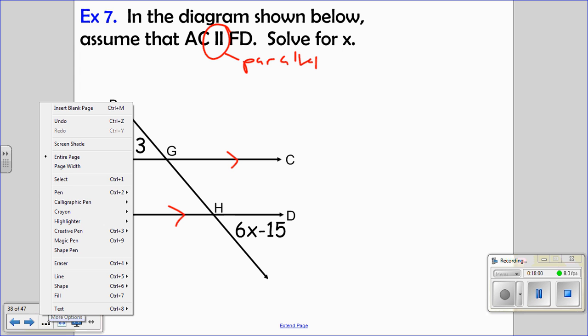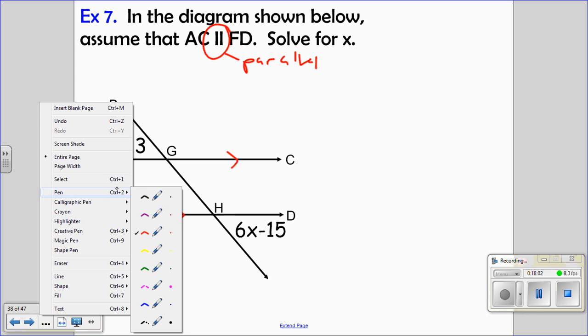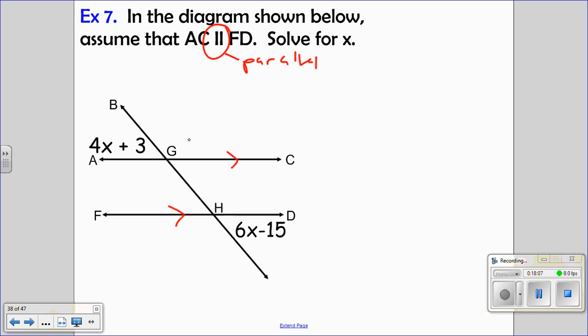So x is inside the angle measure, so we need to figure out if they are congruent or supplementary. Let's zig and zag. Zig, zag, zig. So they're on the same trail, which means angle equals angle. They're also alternate exterior, if that didn't remind you that they were congruent.